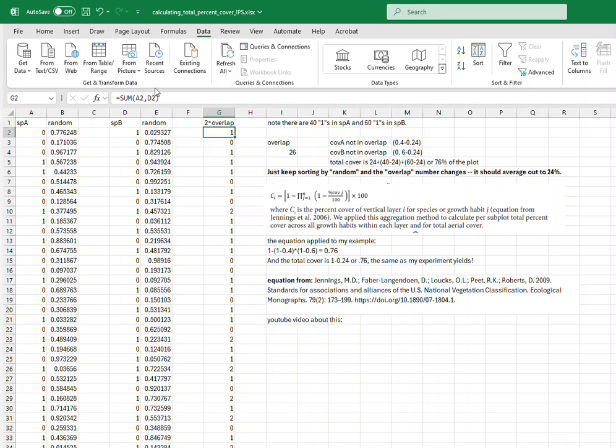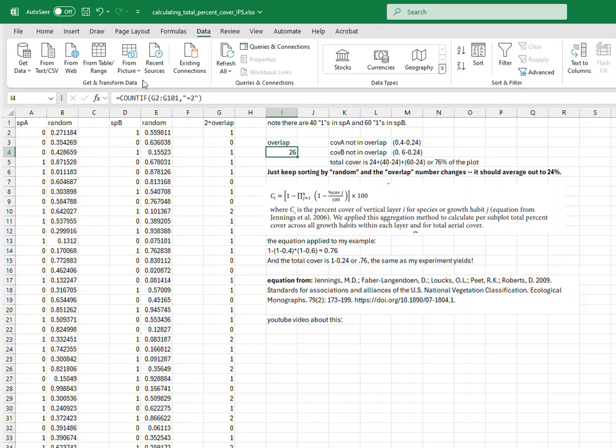So what I can do with this simple equation is sum up: if it's a 1 for species A in this segment and a 1 for species B, then it gets a 2. Otherwise, it gets a 1. In this example, there's no species A in this segment, but there is species B. But down here, we have species A occurring and species B occurring, so it gets a 2.